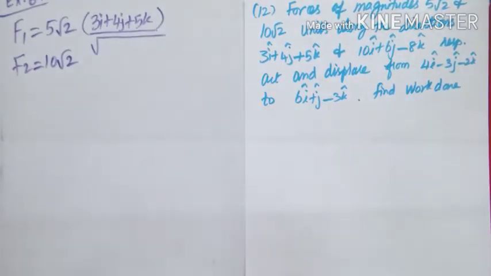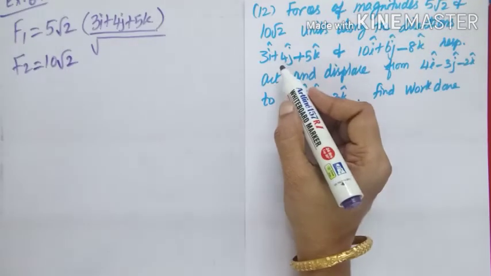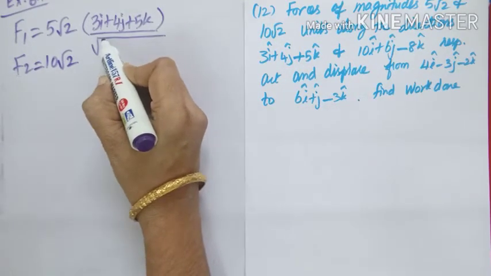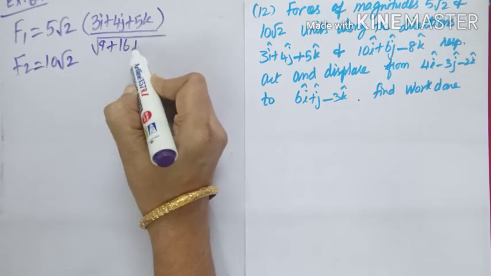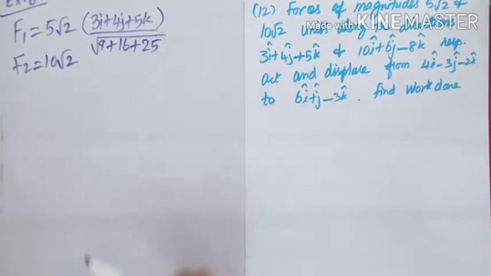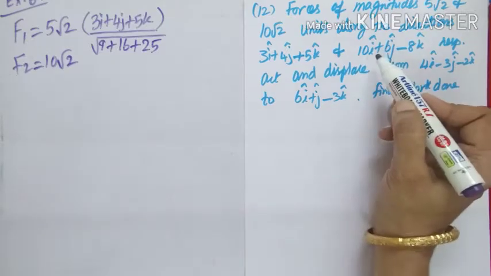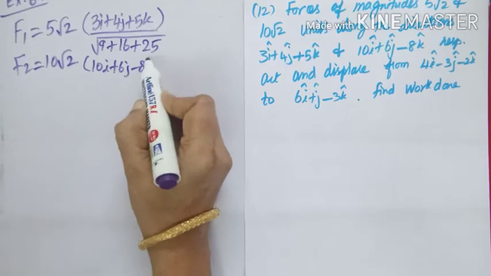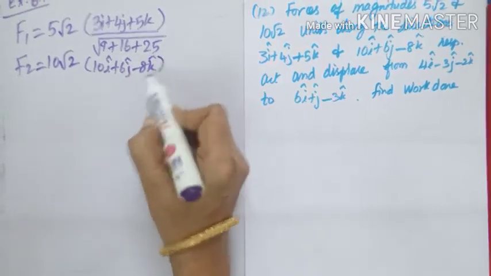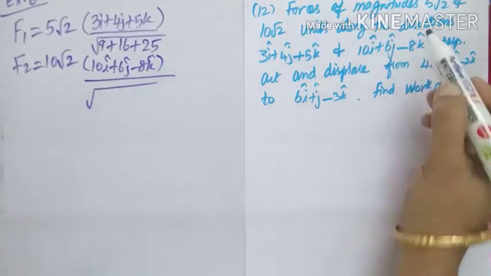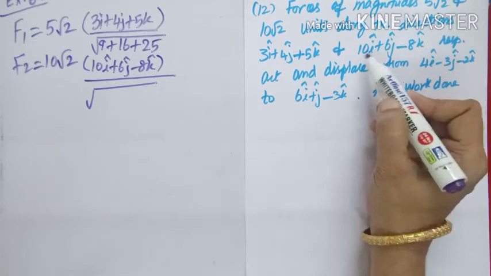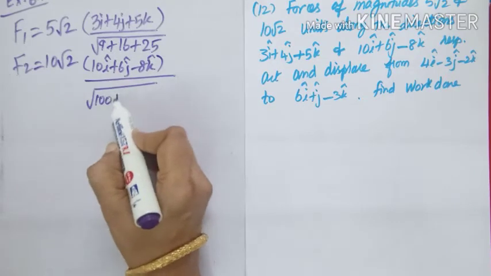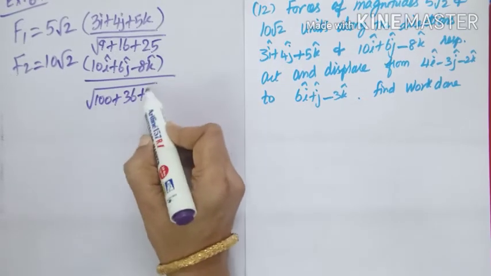Immediately divide by the modulus. Modulus implies squares. So 3 square, that is 9, 4 square, 16, 5 square, 25. Similarly, the second force direction is 10i plus 6j minus 8k divided by, as I read the word direction, whatever they have given, divide by the modulus: 10 square, 6 square and 8 square.